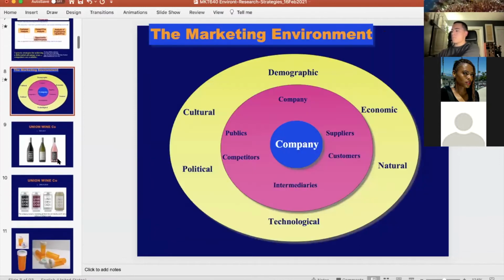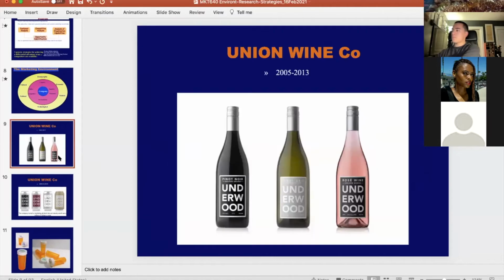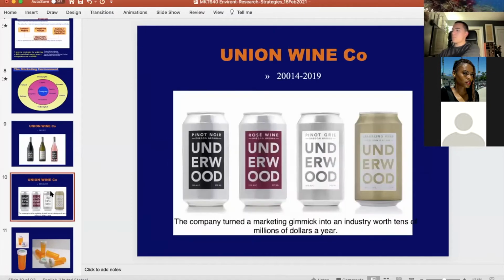So in your environment, you look for all of this. And I gave you some examples, like this company that was making wine. Then they ran into the situation of making canned wine. That's what made them successful, just because at that time people were ready to buy this type of product. It may not have been successful even though it was an innovation 10 years earlier, but at that time, people were ready for this.